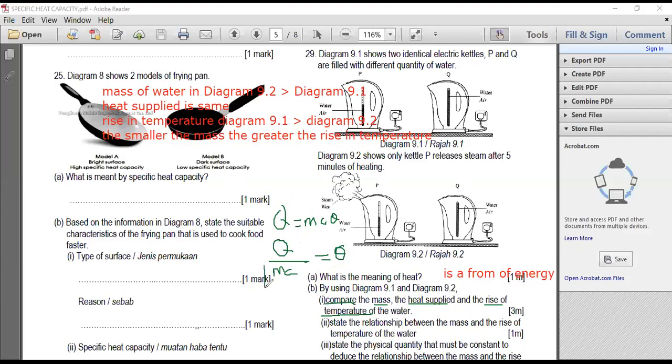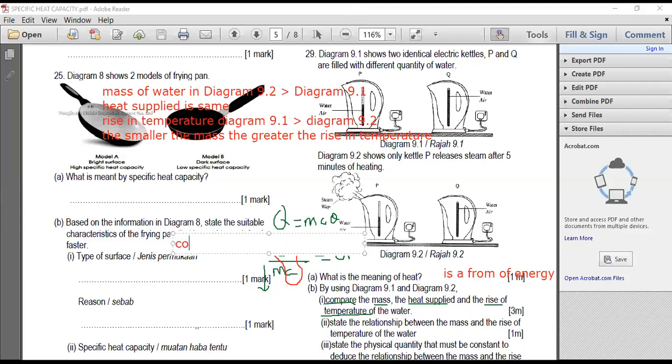What we have here is the smaller the mass, the greater the rise in temperature. This situation is talking about mass and rise in temperature, so the Q and the c must be constant. Both the heat supplied and the specific heat capacity must be constant.